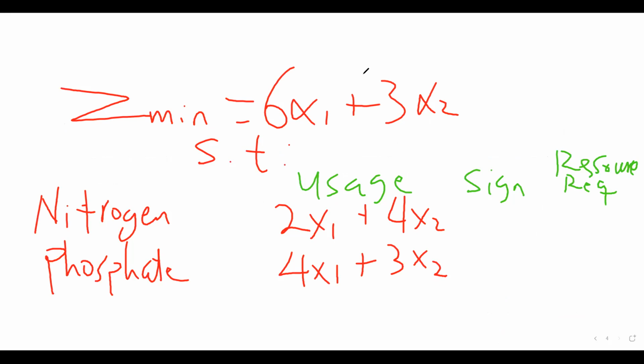One is 16 and the other is 24. So you have 16 resource requirement, and then you have 24. Now, what is the unit of measurement? Well, it says pounds. So you can talk about pounds of nitrogen.